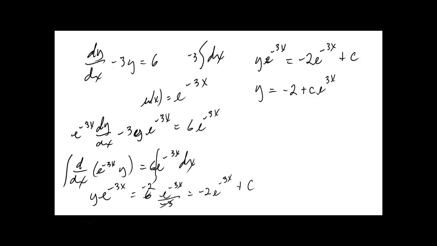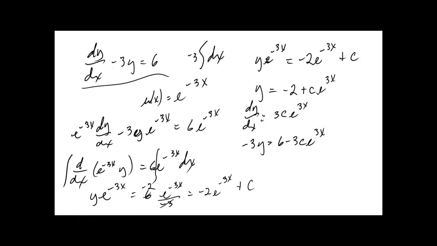So let's do it. dy dx, we're trying to reproduce this now. dy dx is equal to, of course the negative 2 doesn't contribute anything here, 3c e to the 3x. See if you agree with this. And then your minus 3y is going to be 6 minus 3c e to the 3x.